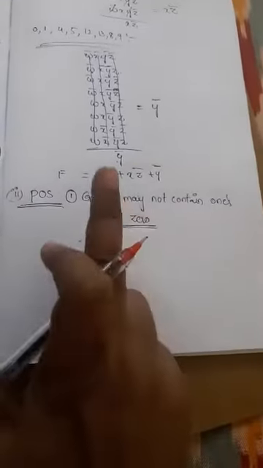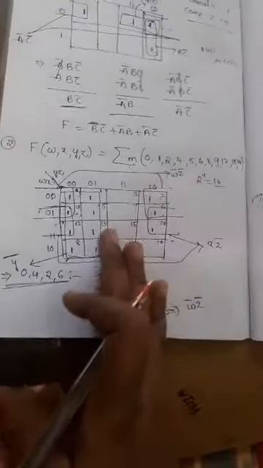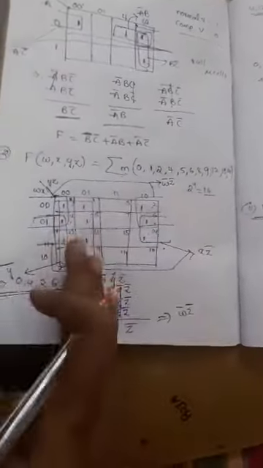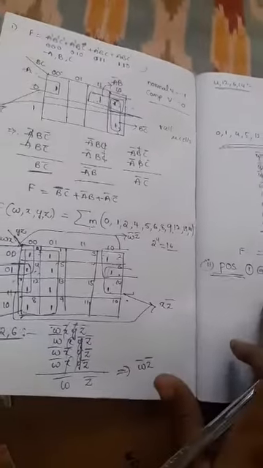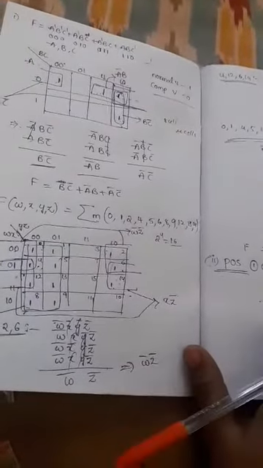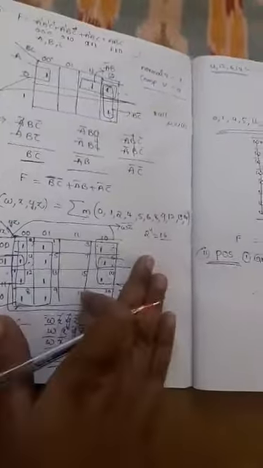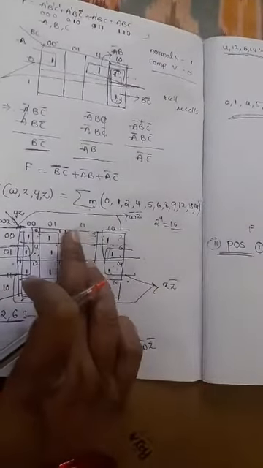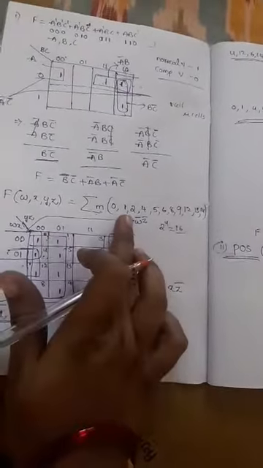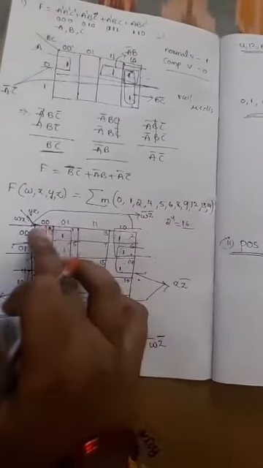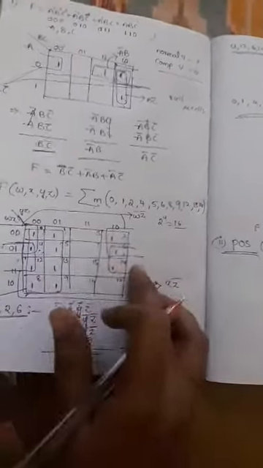Here also the same rules will be followed, but the difference is that in min terms we are placing the 1 in the cell. That is the SOP formation. While coming to the POS formation, if the same function is represented in POS, if you are finding this POS representation in the K-map, just look at what the cells are. Okay, this is nothing but a min term cell, right? That means all these cells will be occupied by the min terms.